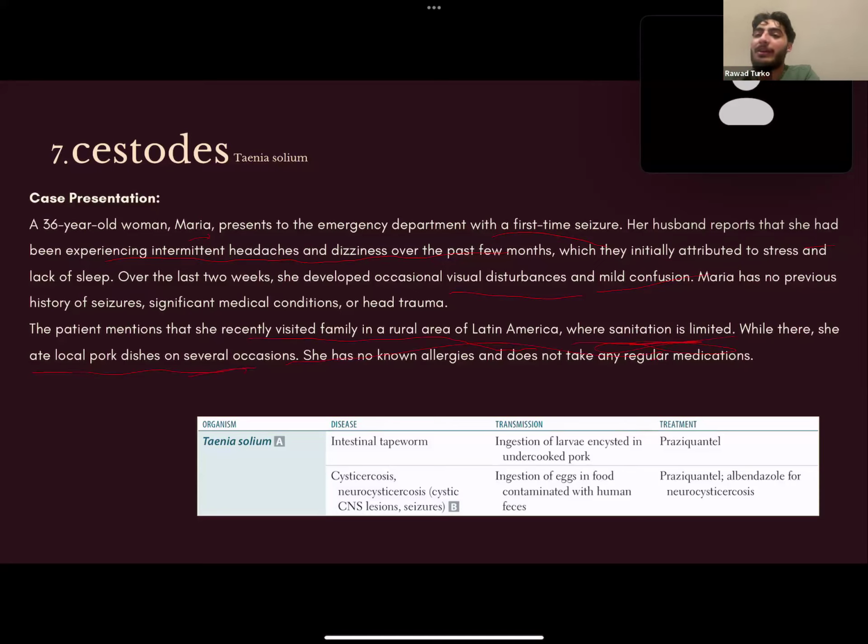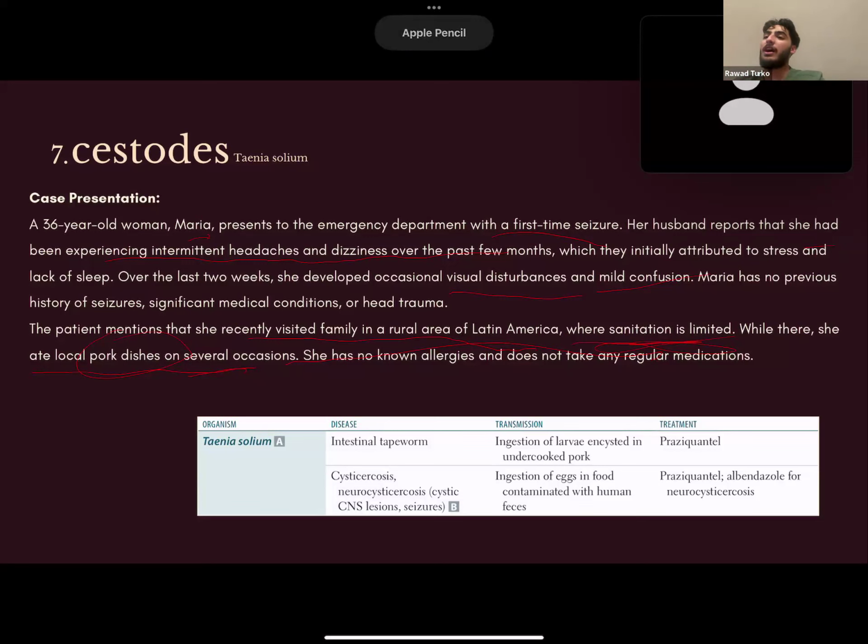Now, in this case, I think ChatGPT made a little mistake here with the pork dishes, because this would be more pointing towards teniasis, the intestinal or gastrointestinal side of things. But I guess it can also happen with ingestion of food that's contaminated with human feces.